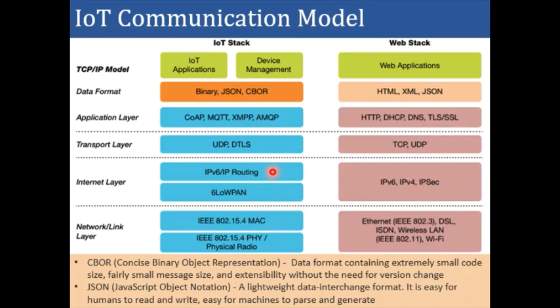So to interact between the standard IPv6 layer and the 802.15.4 layer, 6LoWPAN has to be implemented.